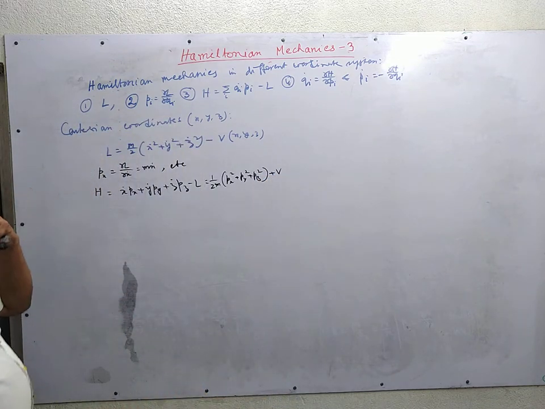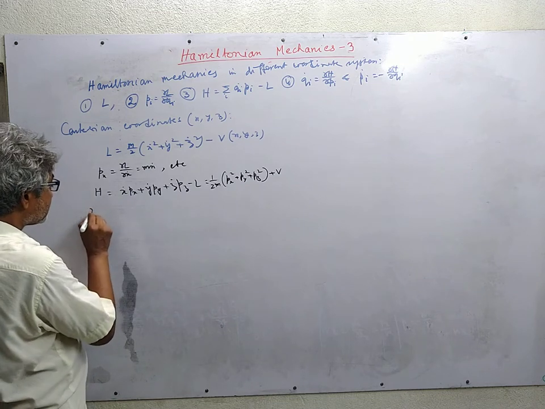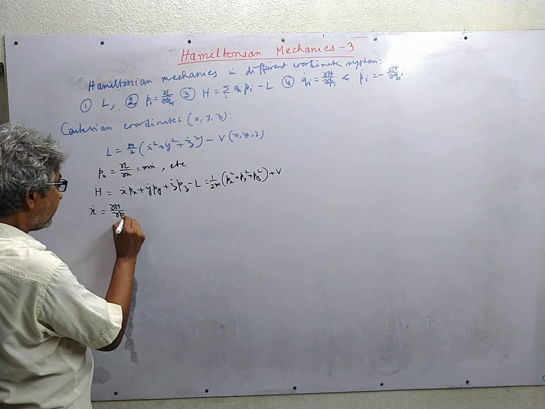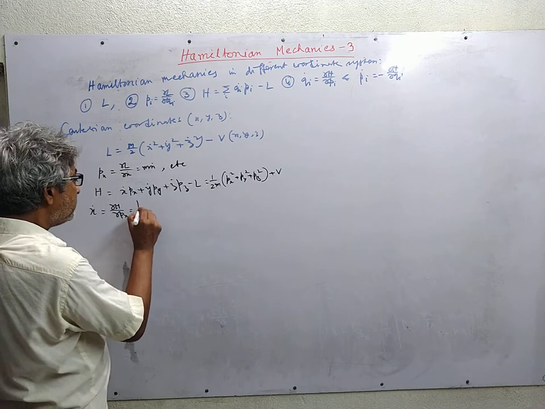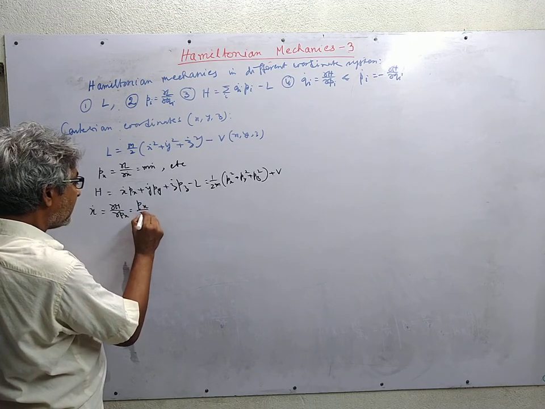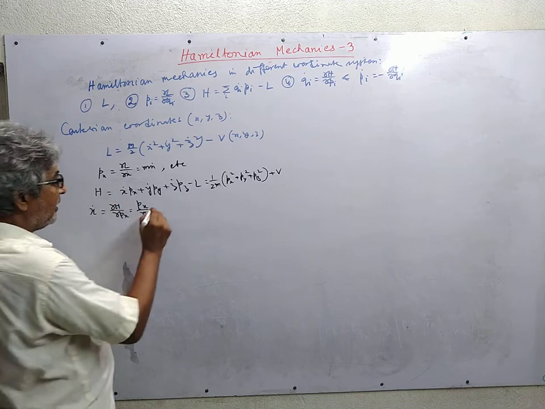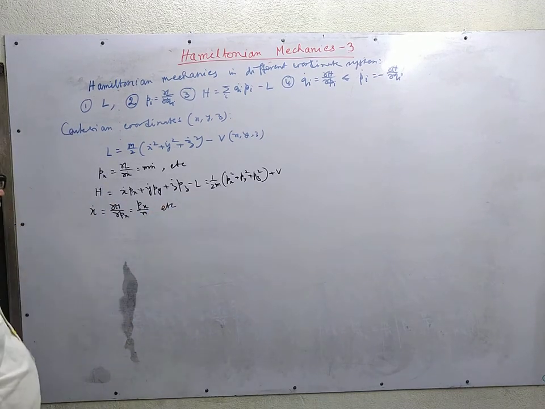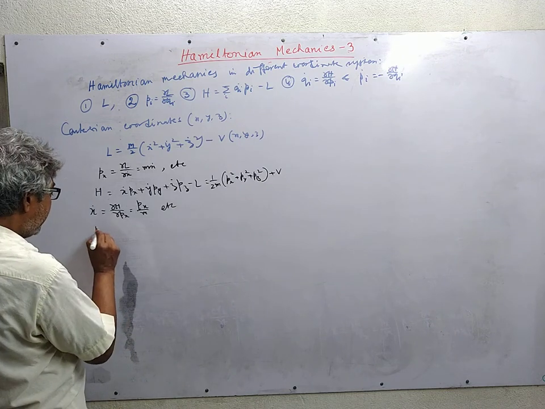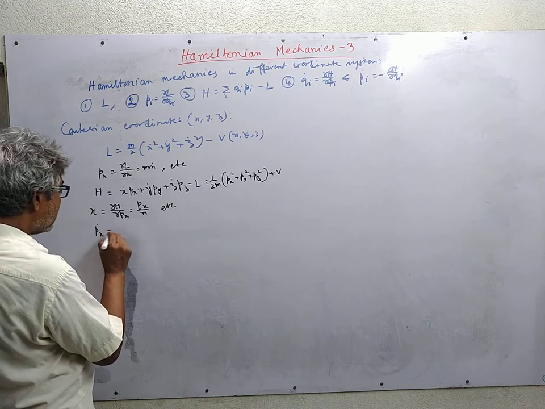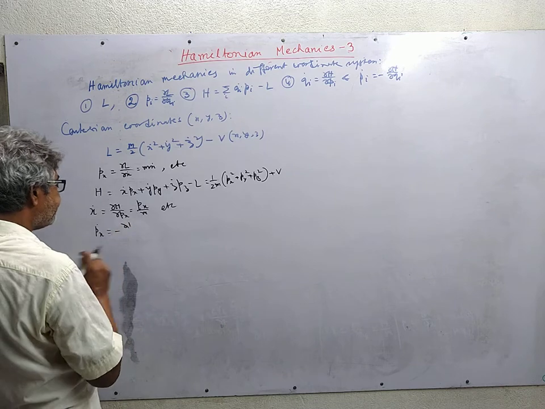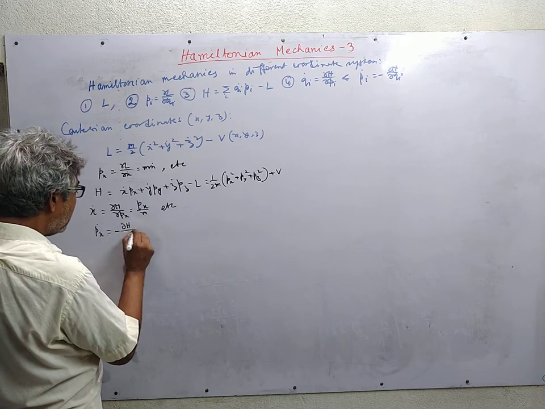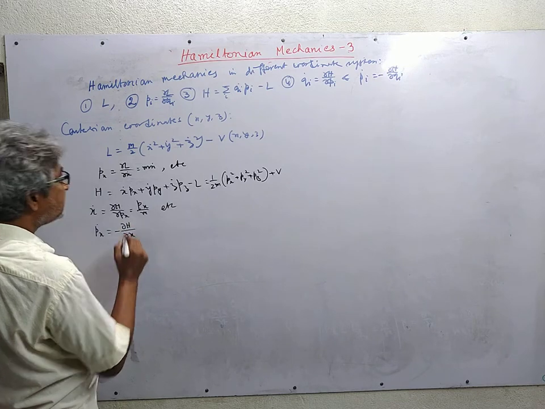Now coming to Hamilton's equation, x dot is equal to del H del px, which is equal to px by m, which is simply dx by dt, and other relations for y and z components. And px dot is equal to minus del H del x.